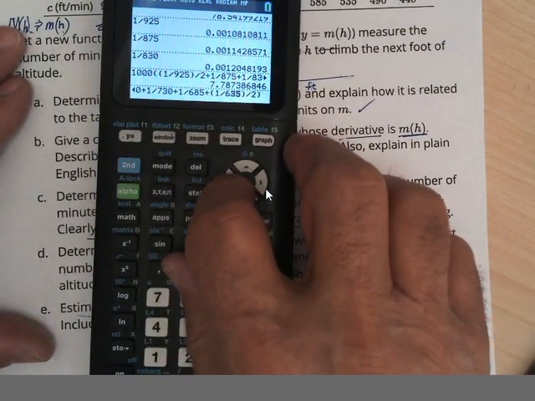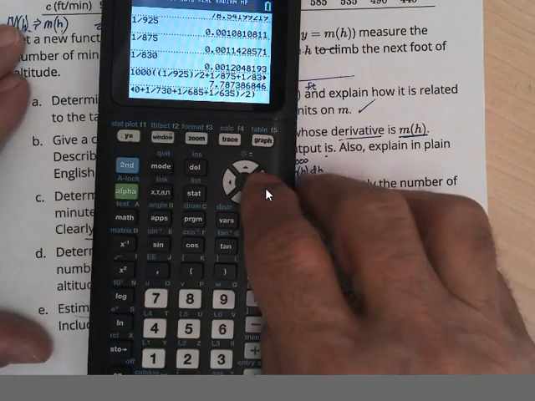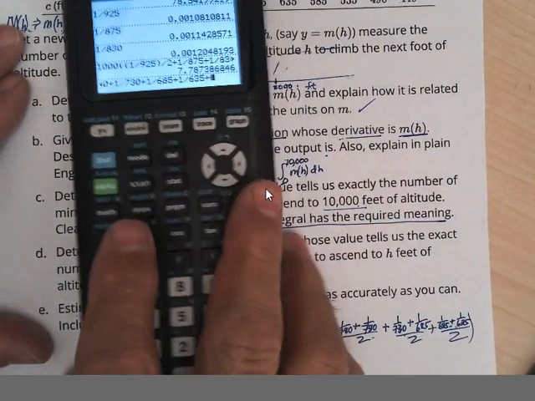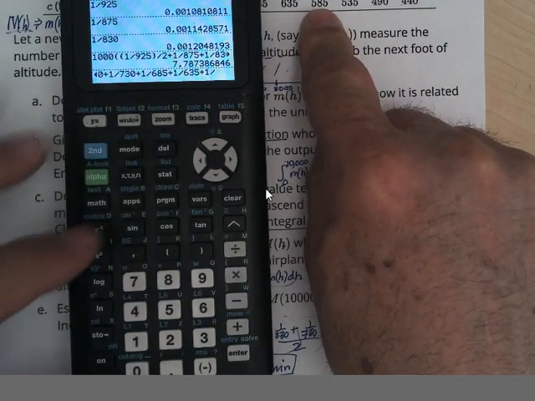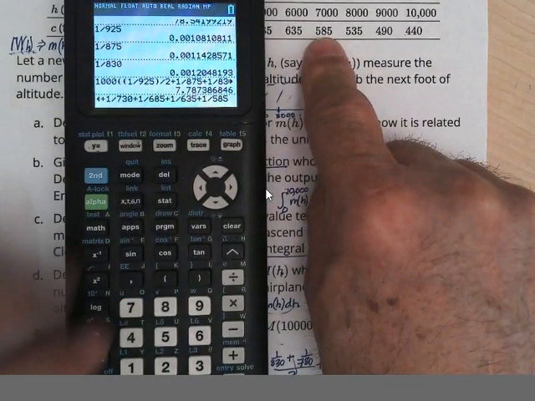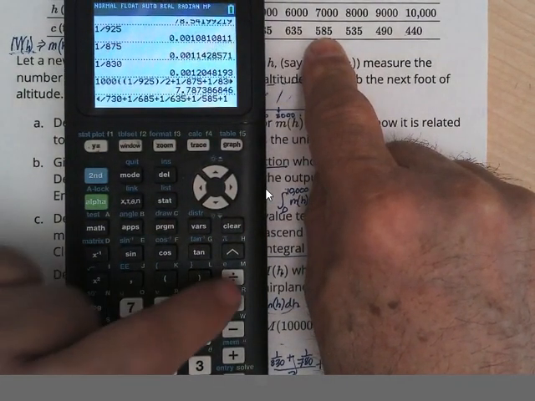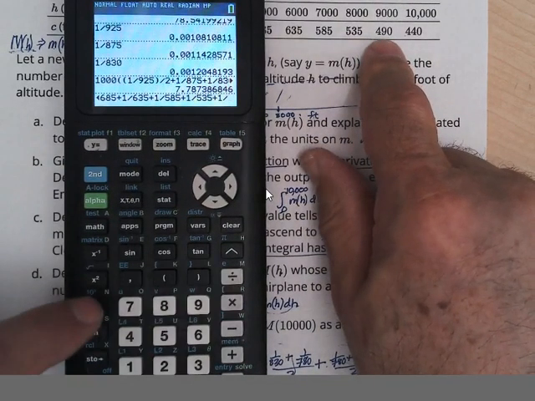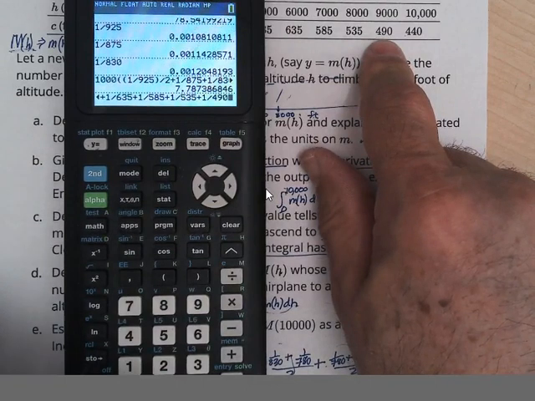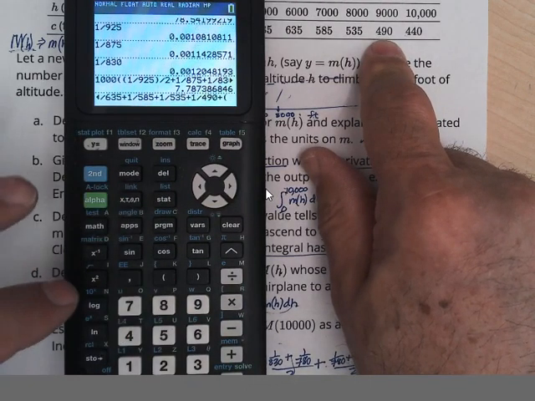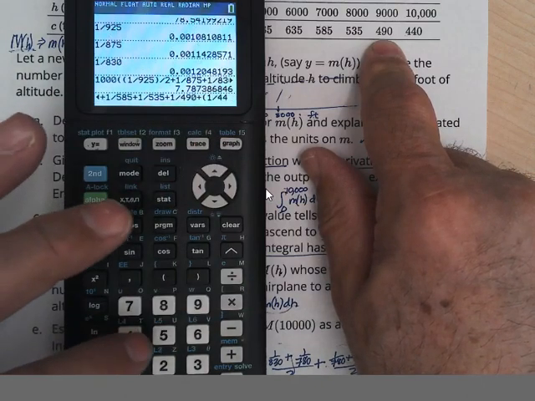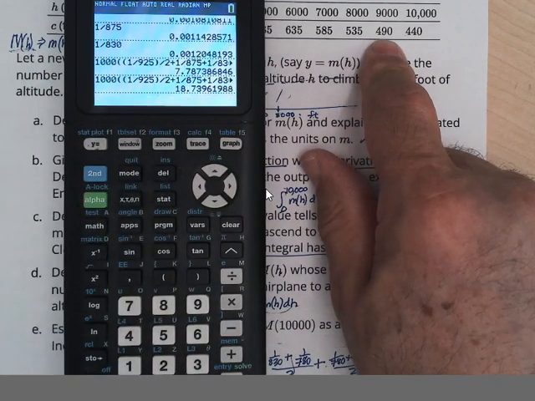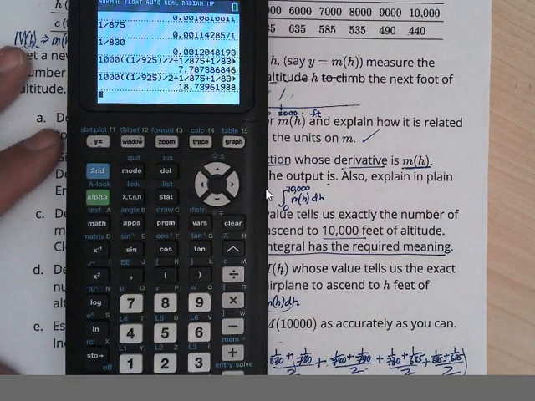I just need to keep going here, so I'll delete that parenthesis, do the 635, plus 1 divided by 585 plus 1 divided by 535 plus 1 divided by 490 plus, now I'm going to do half of the last one here, so that's 1 divided by 440 divided by 2, close parenthesis, enter, and I get 18.74.